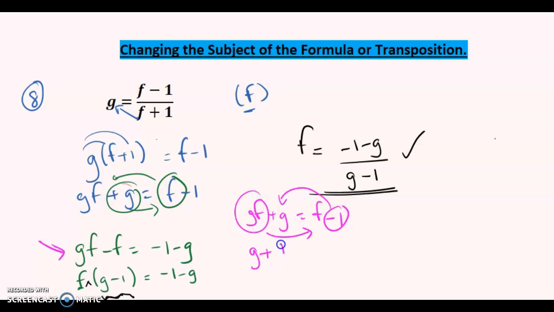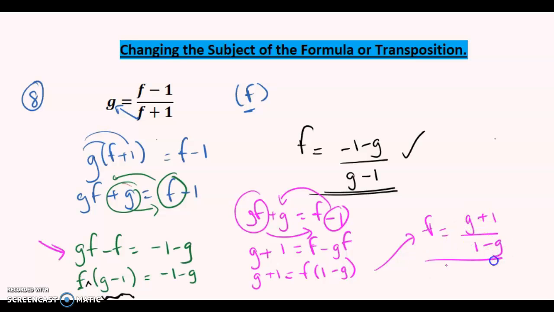So then they'll get g plus 1 on this side is f minus gf. So you get g plus 1 nicely here, factorizing this side now gets this, and then hence their answer would be g plus 1 over 1 minus g. So this will also work as an answer.